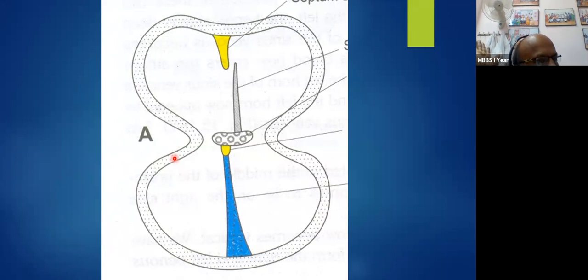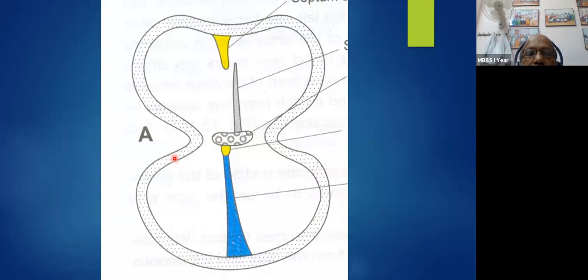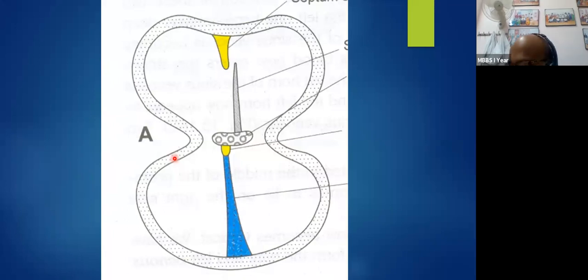Yes, Hema Prabha, number 48. Are you there or not? Yes, 48. Please tell, what is the origin of the right coronary artery?